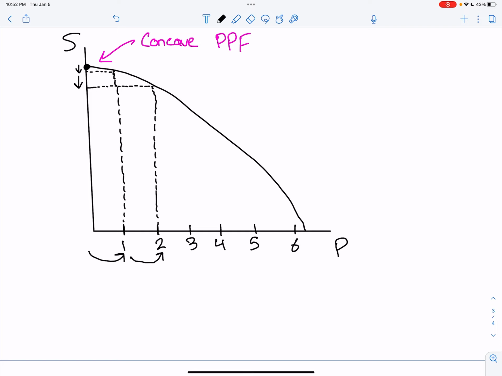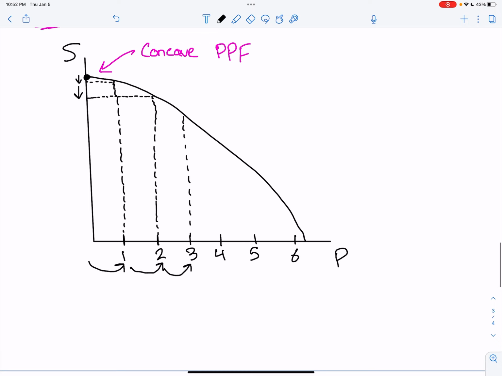You can see that this second arrow here is a little bit bigger than this first one. The jump is bigger. And you could keep doing the same thing. Now, let's say it decides to go from 2 to 3. Once again, the jump is going to be even bigger.